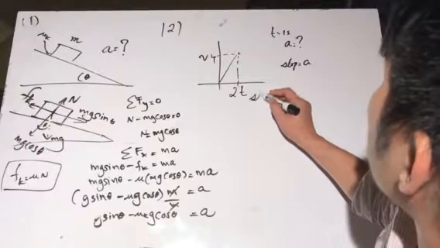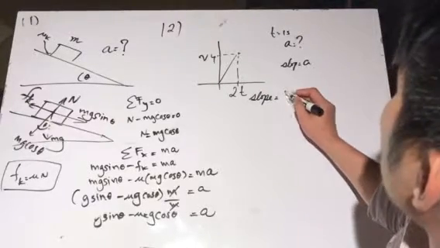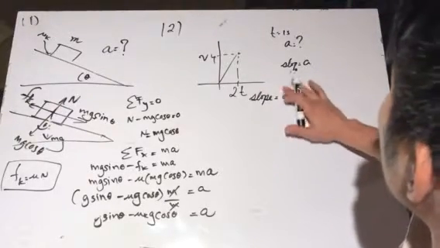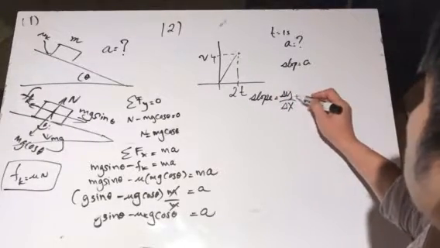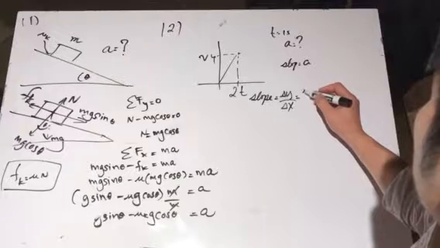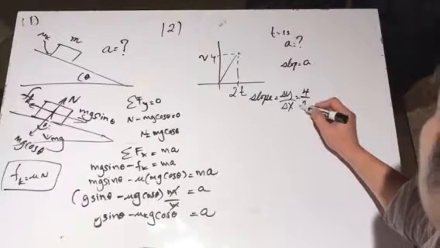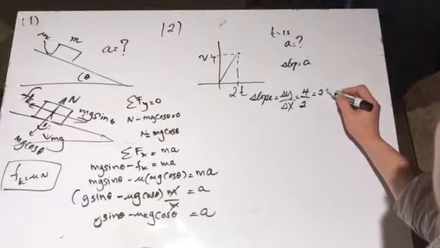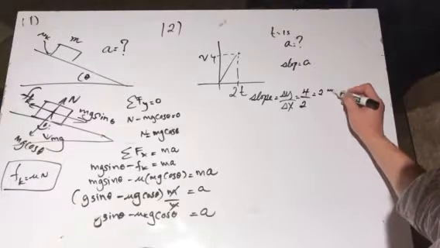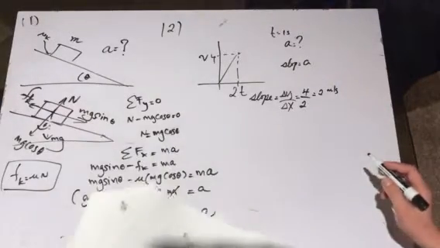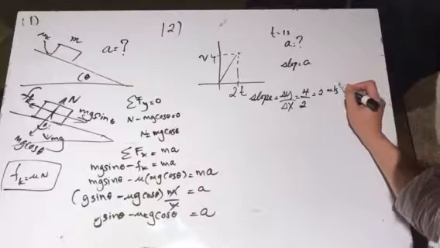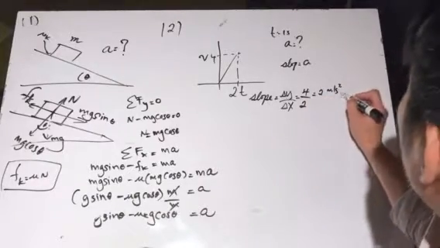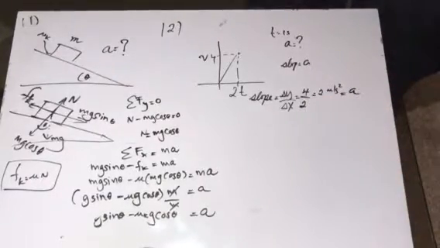So slope is equal to change in y over change in x. The y is 4 and the x is 2, so that would be 2 meters per second squared, because the slope itself is acceleration.